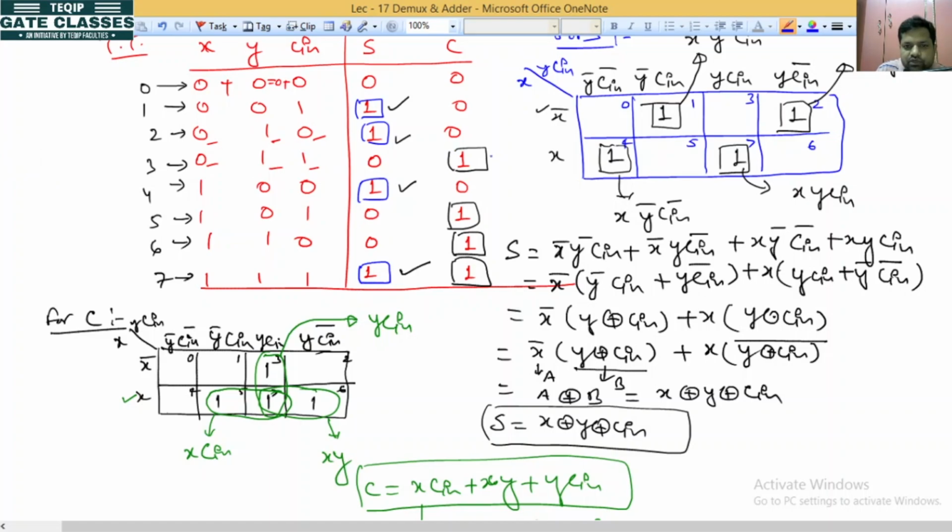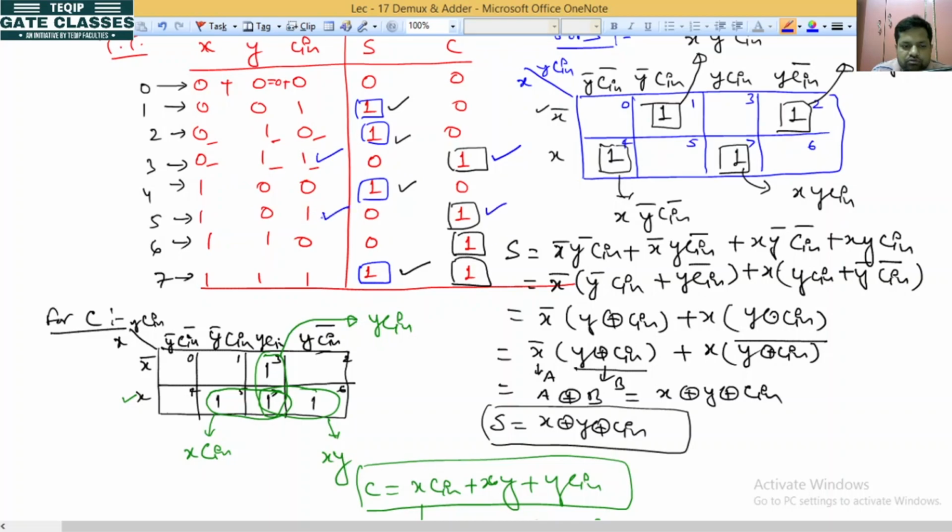So if you check for this carry, it has 2 ones and 1 zero. तो जो नंबर ऑफ वंस हैं वो क्या है? It is greater than the number of zeros. Okay na? So majority का मतलब हुआ we have more number of ones than 0. So we got 1 only in those cases where we have more number of ones than 0. In this case we have 2 ones, 1 zero, and we got 1 here.